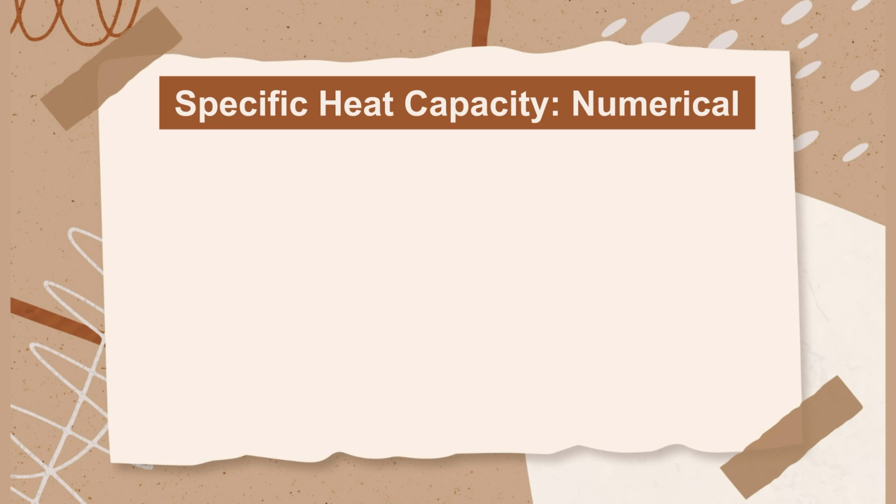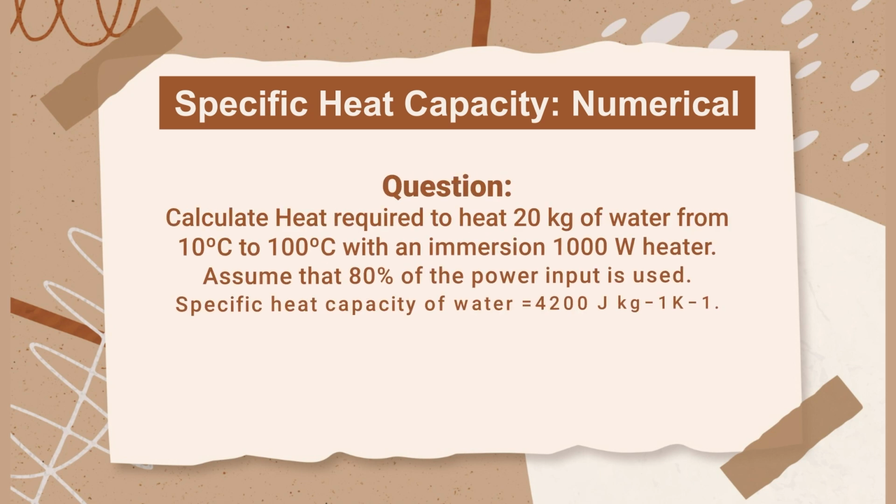Let us do one numerical on the same thing. Suppose you have 20 kg of water and you want to heat this water from 10 degrees to 100 degrees, and you have an immersion heater, immersion rod, which is of 1000 watt.